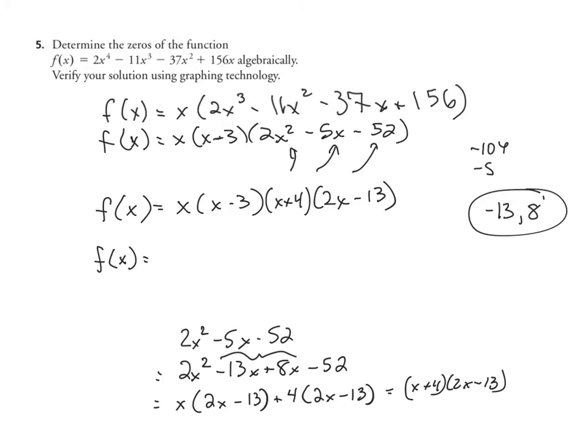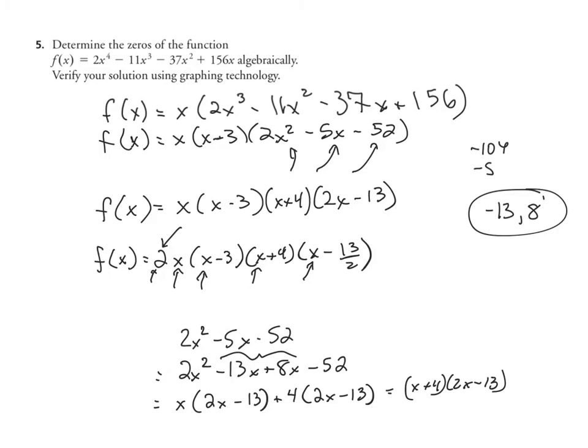I like taking the 2 out. So you're going to have 2x, x minus 3, x plus 4, and this is going to be x minus 13 over 2. I like that because that way it's really easy to find my zeros, 13 halves, negative 4, and 3, and also the end behavior is really obvious. It's going to end positively.